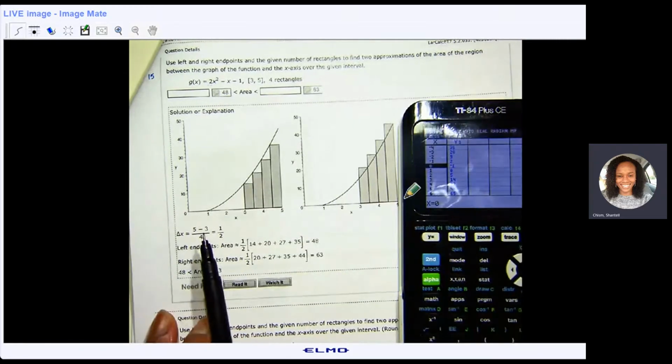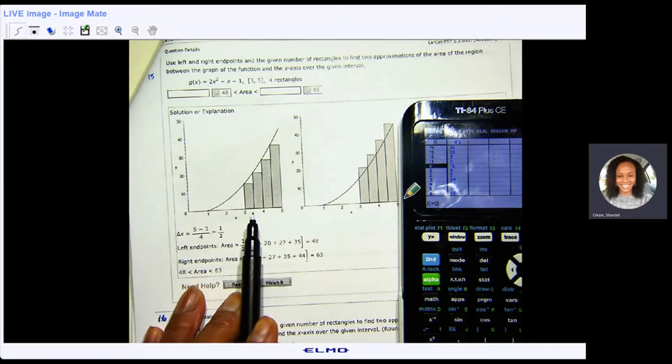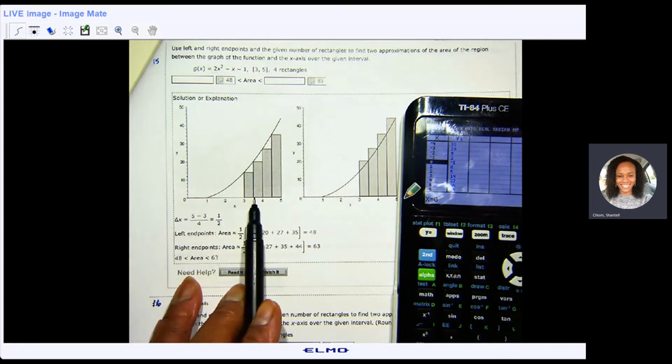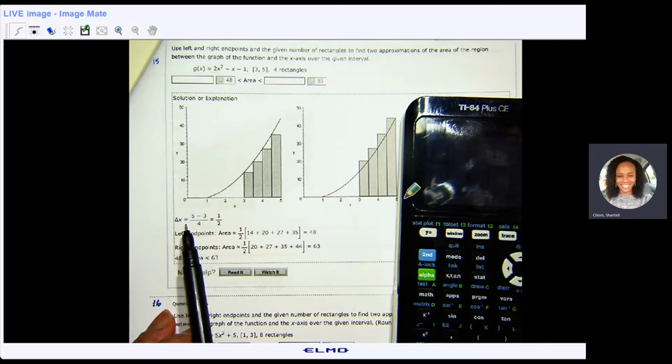Okay, so the first thing we have to do is know what formula we're using. And we're talking about rectangles, so we're going to be using base times height. The base is the change in x, the delta x, and that is 1/2. So how do we get that?